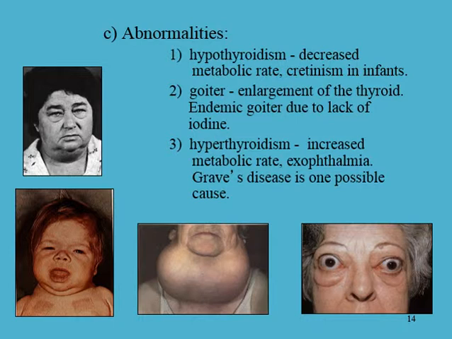So, if we think about what's occurring here, we know that the hypothalamus stimulates the anterior pituitary, which then stimulates the thyroid. The thyroid produces thyroxine, and thyroxine actually feeds back at both places. Okay?